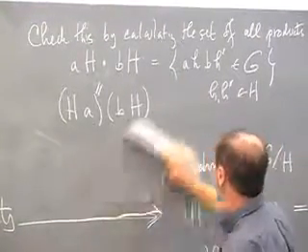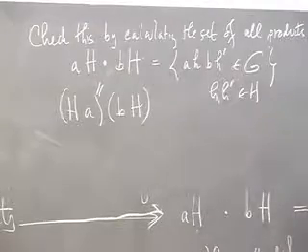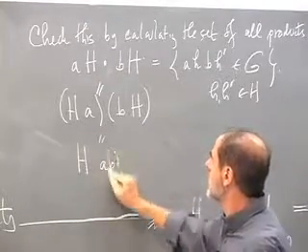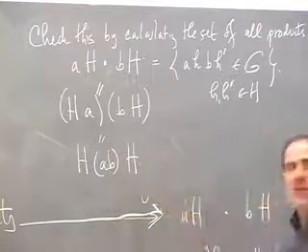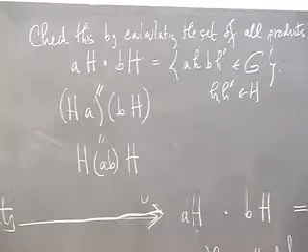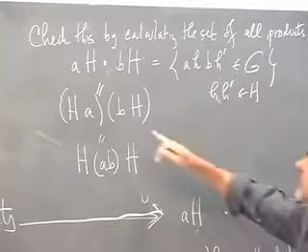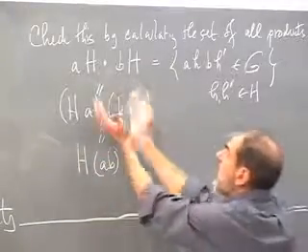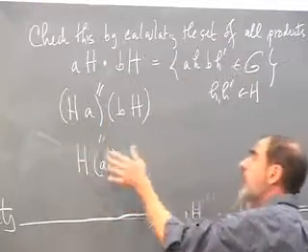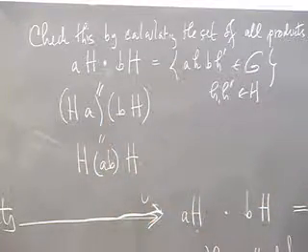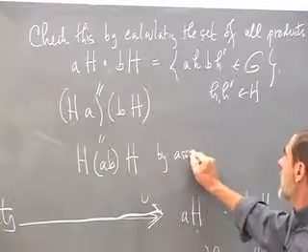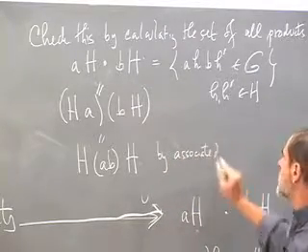Now I claim that that's the same set as HABH' by associativity. I mean, this is the set of all things HABH'. So associate AB, it's the set of all things H(AB)H' by associativity.